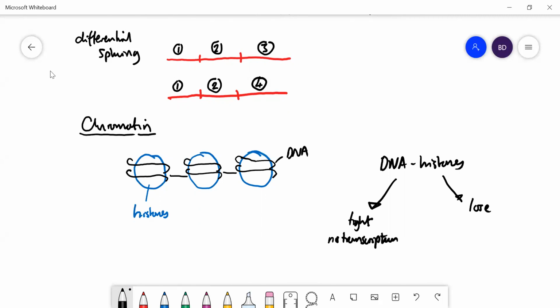If it's loose, it gets transcribed, it's switched on. And so some of this non-coding DNA, obviously all associated with histones, and whether that is tight or loosely bound to the histones is going to affect the degree to which the genes are expressed.